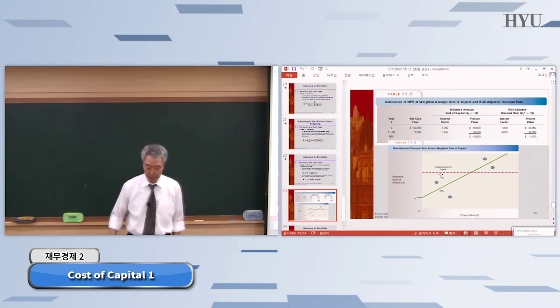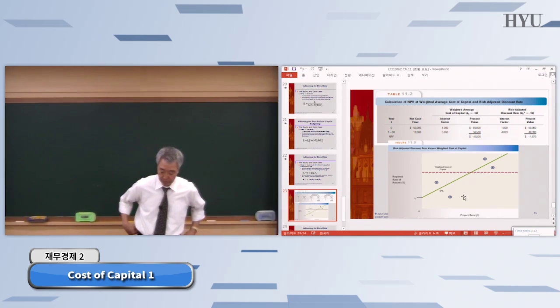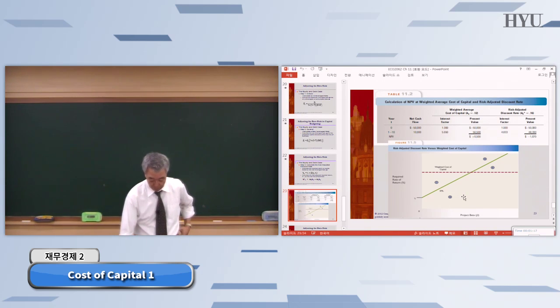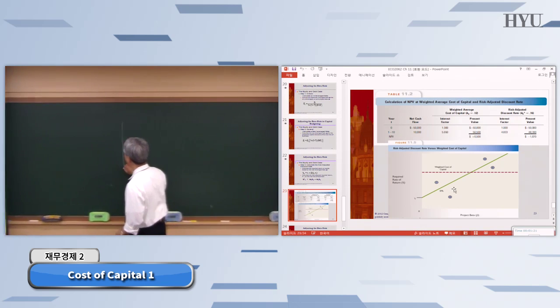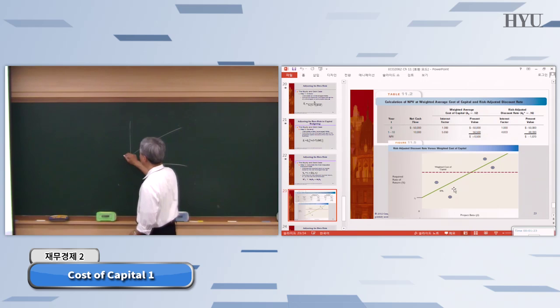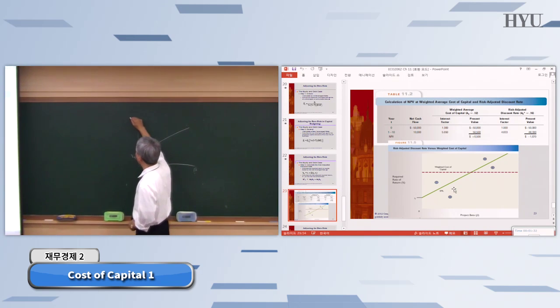Any investments below the security market line are unacceptable. The reason is very obvious, because the security market line defines the required rate of return considering the market return.